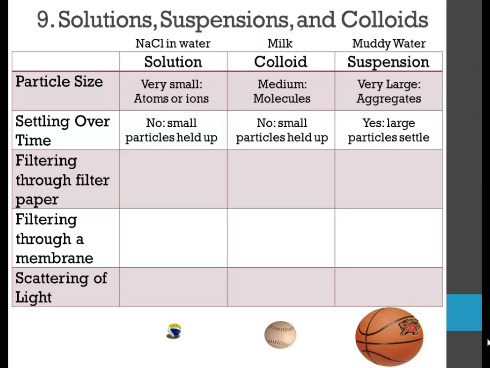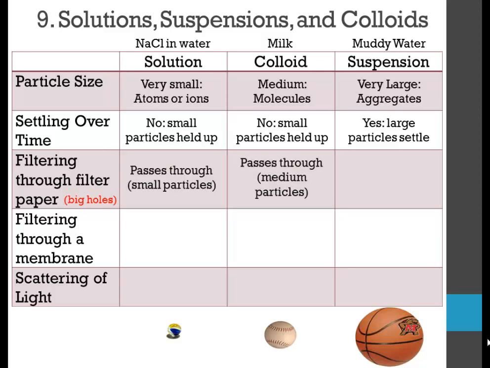Next is filtering through filter paper and filtering through a membrane. So the key thing here is to remember the relative size of the particles and the size of the holes in the filter paper. So filter paper has big holes. So if the holes are really big, small particles like salt water and the small particles like in milk, those are going to be able to pass through because they're smaller than the holes in the filter paper.